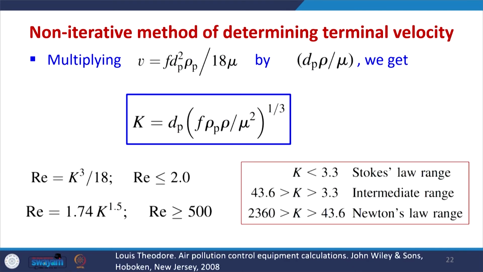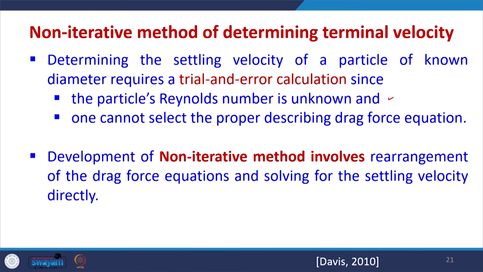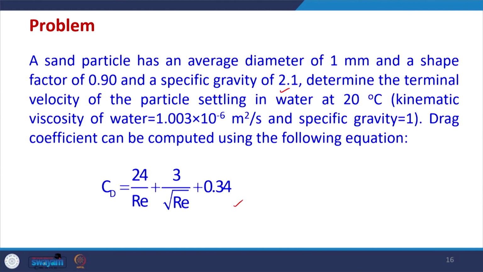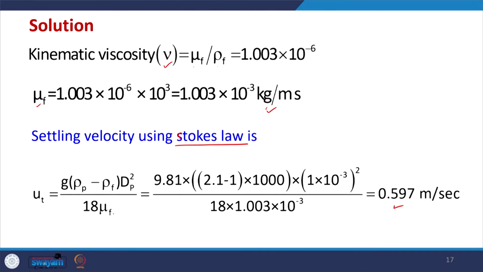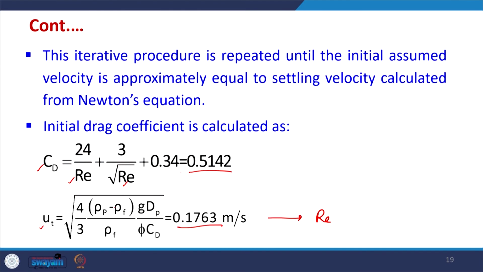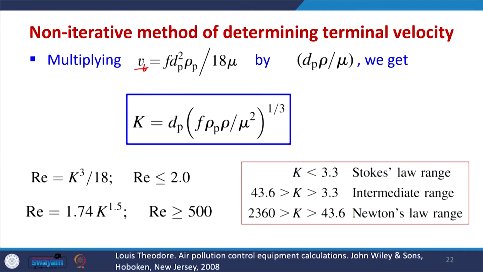So, in this method, this is how this non-iterative method has been developed. What we do is that if we multiply the terminal velocity expression, like this is the UT expression which was there, 18 nu f, if you remember, this is multiplied together by dp rho by nu, and this is with respect to fluid. So, this is for fluid, we are multiplying.